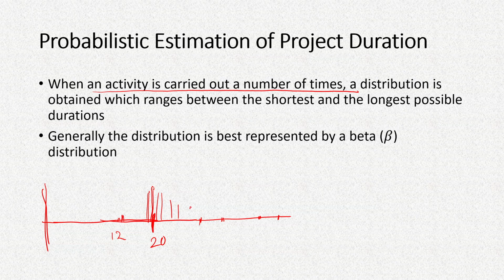So if you repeat the activity hundreds of times, then you'll get this kind of a distribution. As you can see, it may not always be a normal distribution.